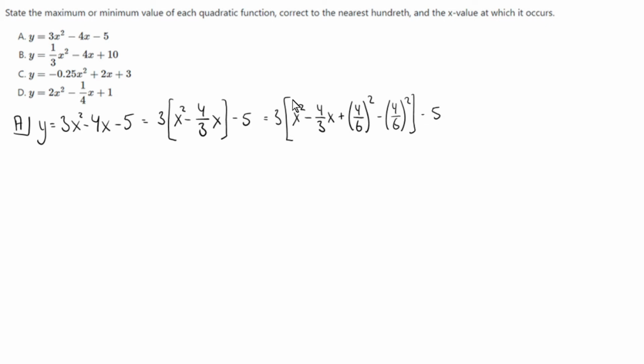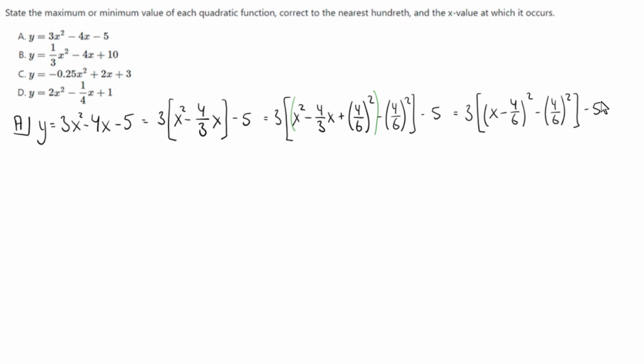And now we have our perfect square trinomial. So we can go ahead and factor it. Which is going to be x minus 4 over 6 squared minus 4 over 6 squared minus 5.